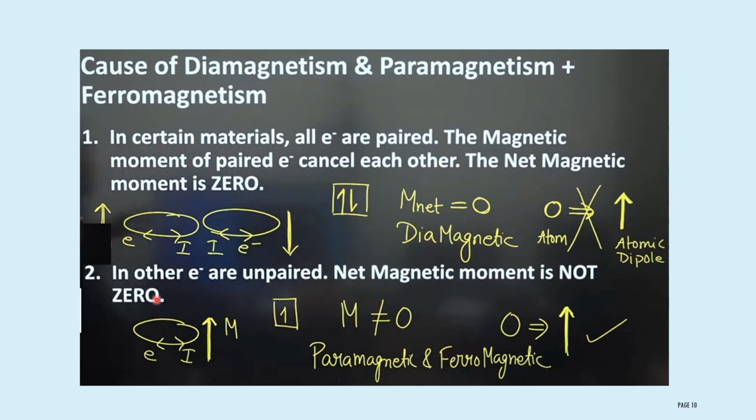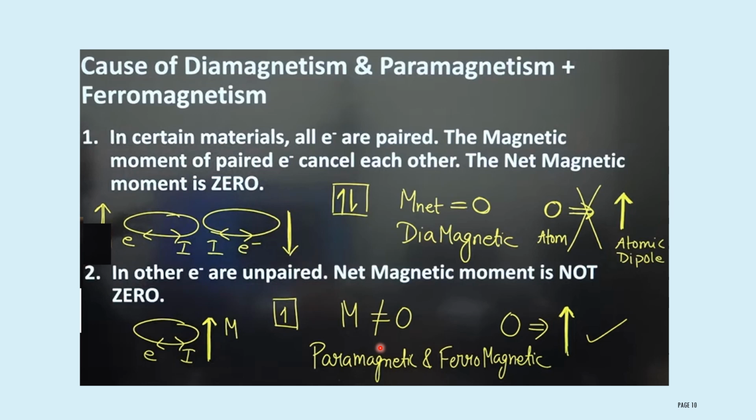Second point, in other materials, electrons are unpaired and the net magnetic moment is not 0. Unpaired electron means only one electron exists. Here, this is the direction of motion of the electron. The current loop is generated in the opposite direction, and the magnetic moment is indicated by an up arrow mark. Only one magnetic moment exists, in only one direction.